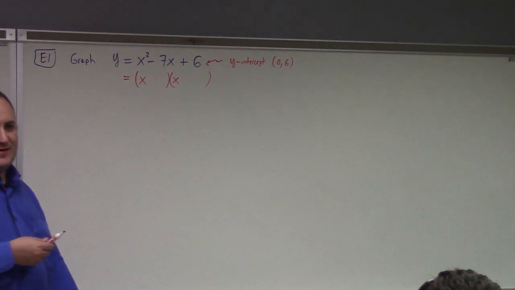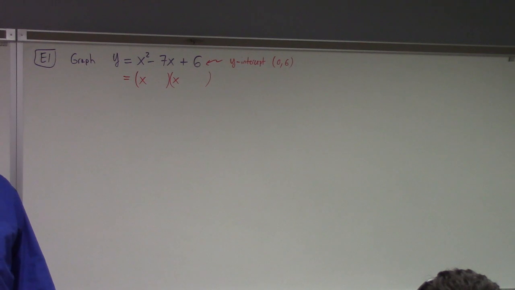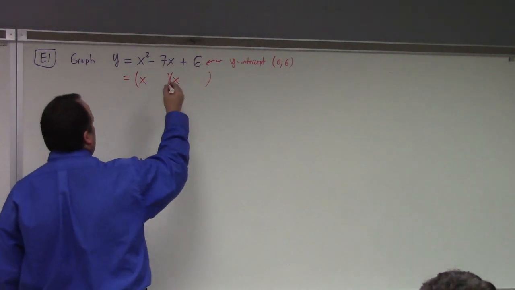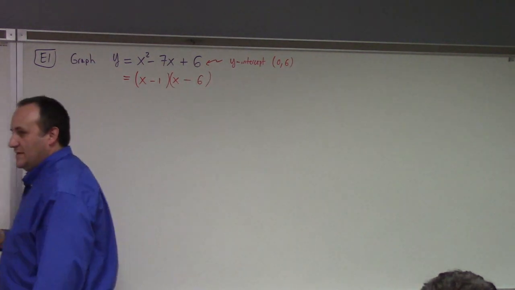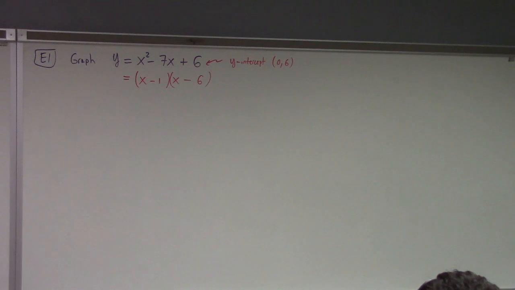How many vote for minus 1 and 6? I think it's got to be minus 1 and minus 6, right? Because we got that minus 7, so we need minus 1 plus minus 6. So hooray, factoring. It's still a thing, right? We don't always have to complete the square. By golly, I don't want to complete the square here, because I would be up against the dreaded 7/2, and then I'd have to subtract 49 quarters, and it would have been unpleasant.